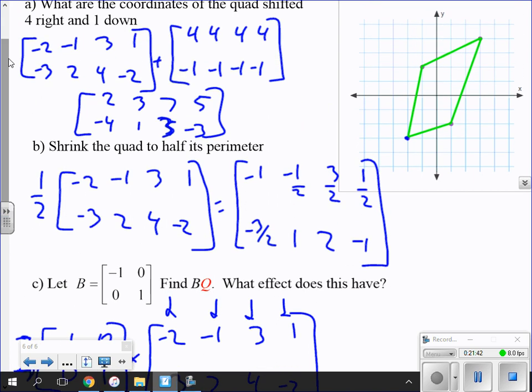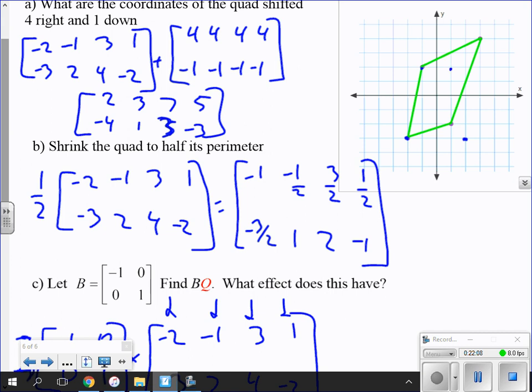If you plot these points on the grid we already have, 2, negative 3, so instead of negative 2, negative 3, I go 2, negative 3, I go to here. And then I go negative 1, 2, sorry, my new one, 1, 2.